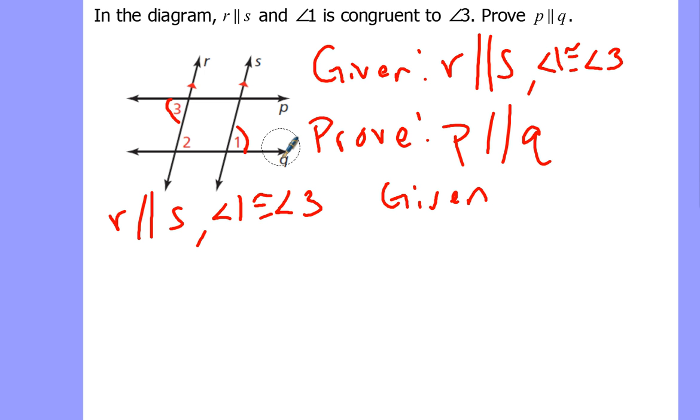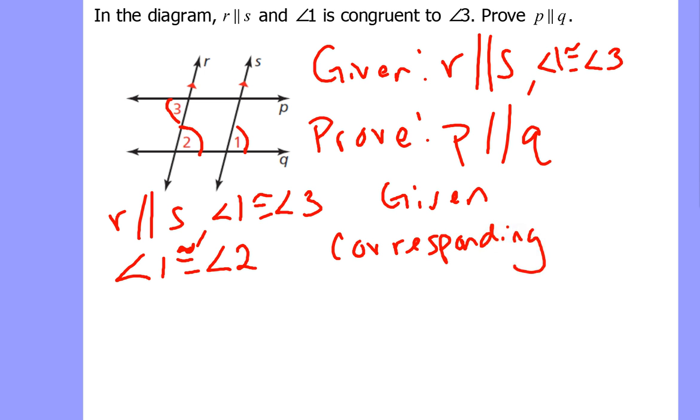And since R and S are parallel, I can make the claim that angle 1 is congruent to angle 2 because they would be considered corresponding angles if R is parallel to S and Q is the transversal.